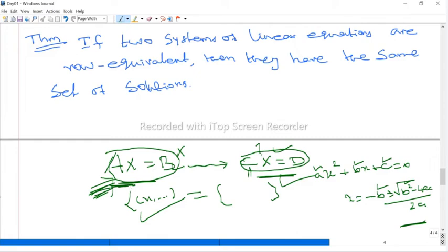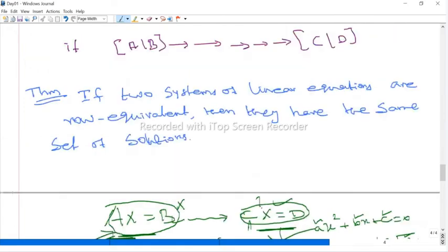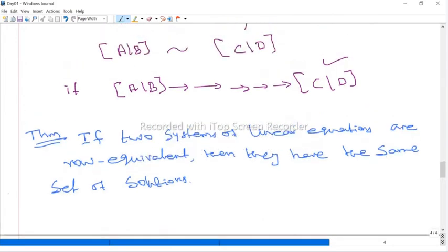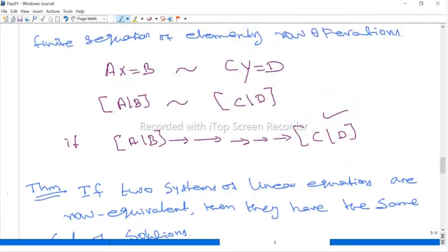So this theorem is very important: if two systems are row equivalent, then the solutions are the same. Why do we need this? Because some problems are very difficult to solve directly. Therefore, we have to convert that problem into a simple problem, so we need some tool to convert. That tool is elementary row operation. If you apply elementary row operations on the given system, it reduces to some simple system.